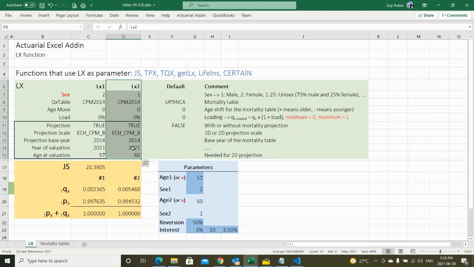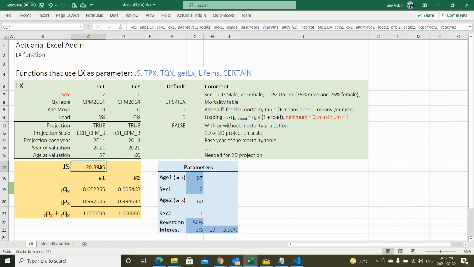So now we'll look at how the LX is used by add-in functions like JS. As I said, LX is never used alone. It's used as a parameter of another add-in function. So here, for example, in JS, I'm calculating an annuity factor for a person age 57, a female, with the co-annuitant being a male age 60, with 50% reverting to the spouse after the annuitant's death.